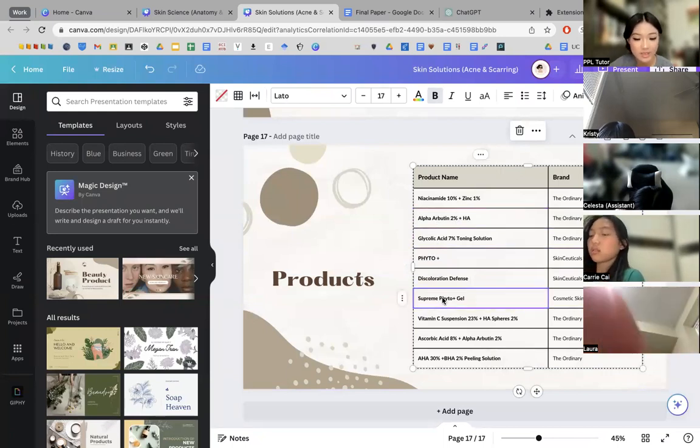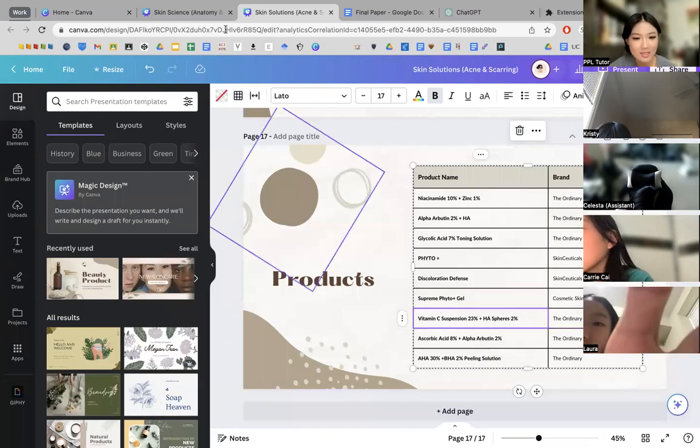It's more cooling. And okay, this is also from The Ordinary. Vitamin C suspension 23% plus HA and hyaluronic spheres 2%, also by The Ordinary. So I don't really like the consistency of this moisturizer. So this is a moisturizer, but it works wonders. Like, it's very potent.